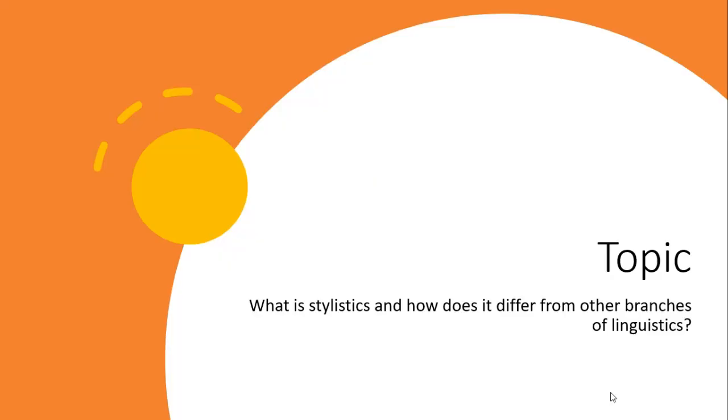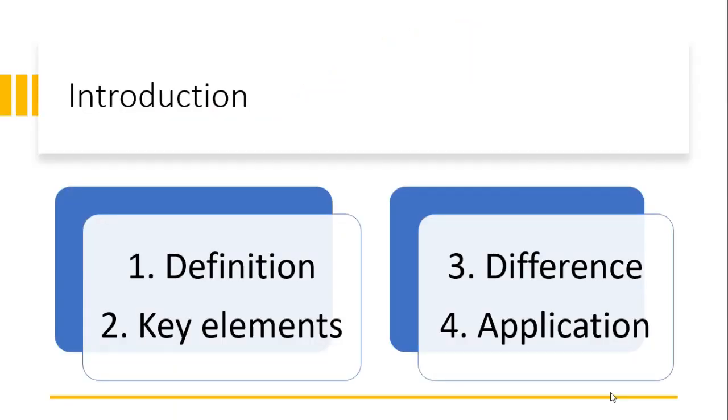In today's lecture, we will discuss stylistics and how it differs from other branches of linguistics. Today we will discuss four points: the definition of stylistics, key elements, how it differs from other disciplines, and the application of stylistics.